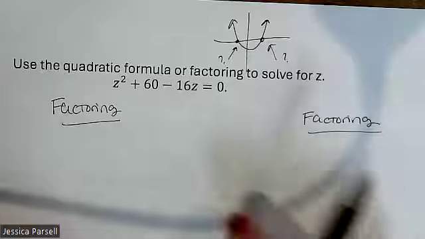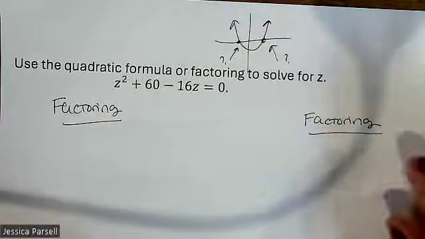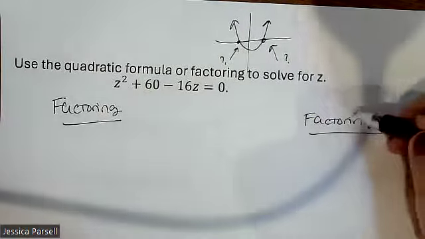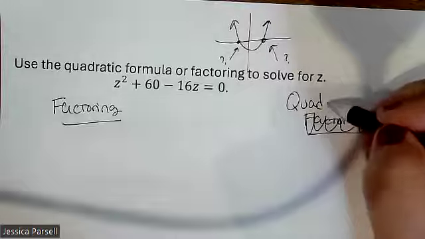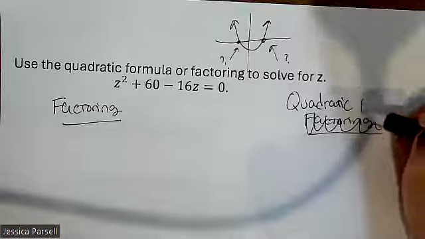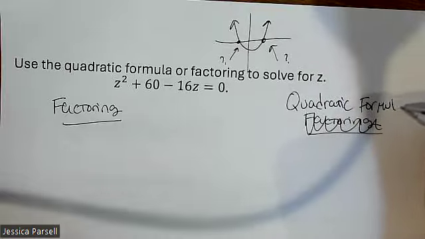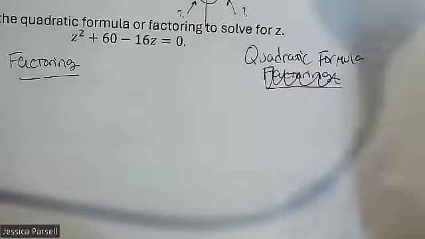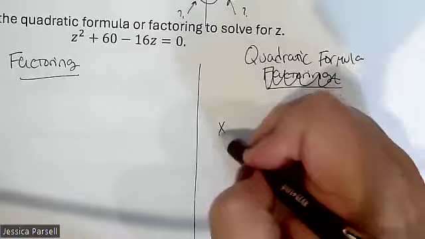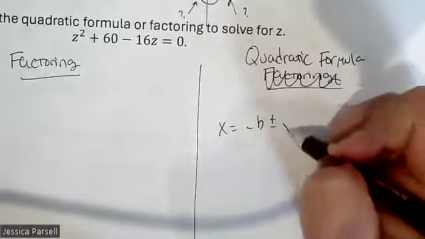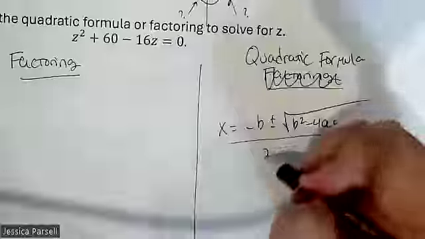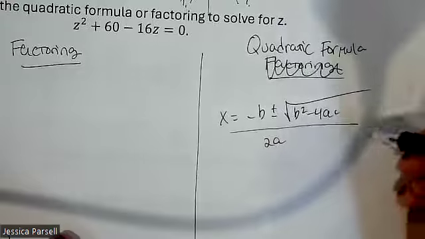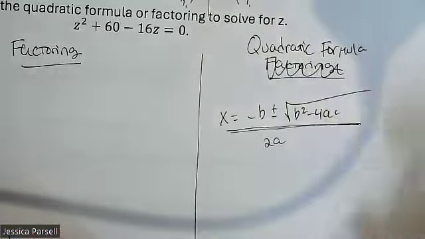Okay. So let's try, actually I wrote factoring twice. Let's try the quadratic formula. This thing always works, especially if you've learned it in this class. So quadratic formula is x equals -b plus or minus the square root of b squared minus 4ac all over 2a. And notice I put this line all the way under.